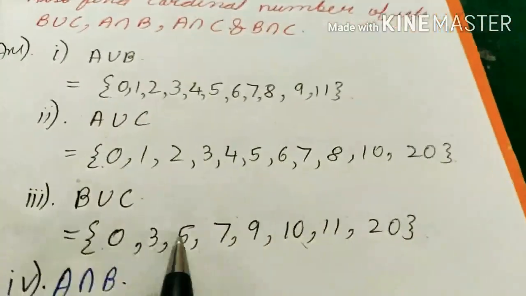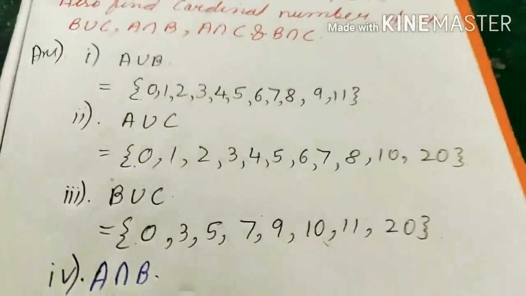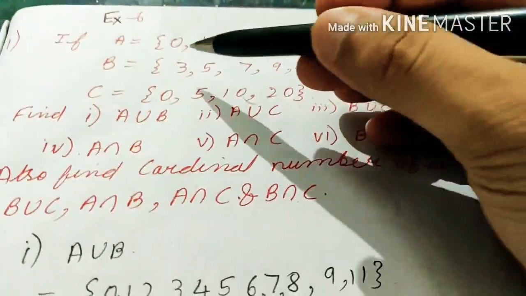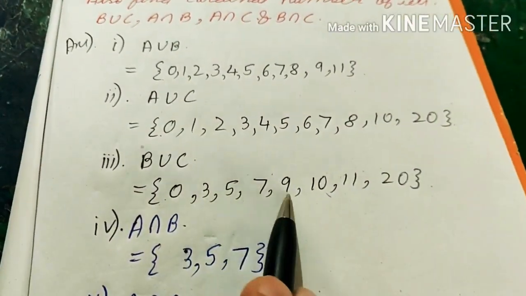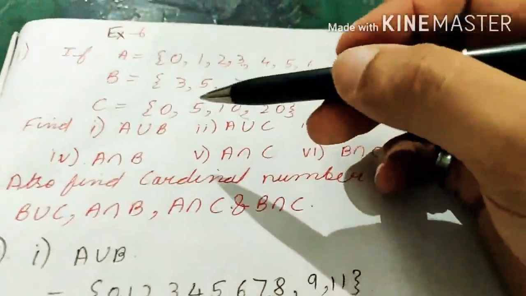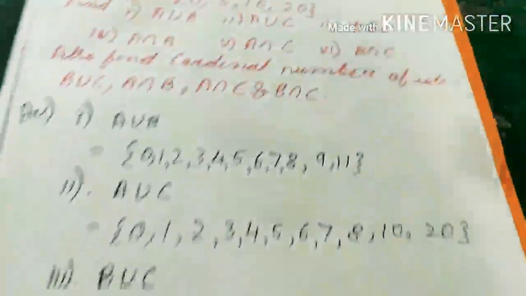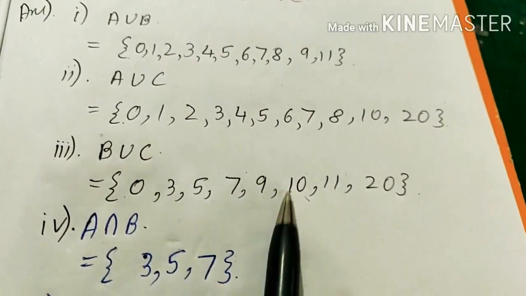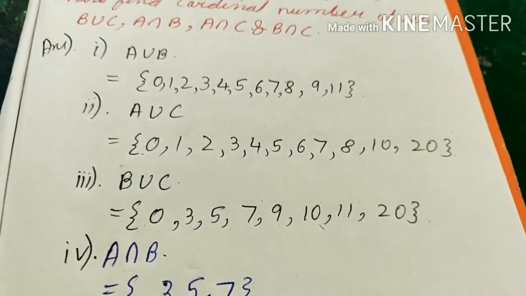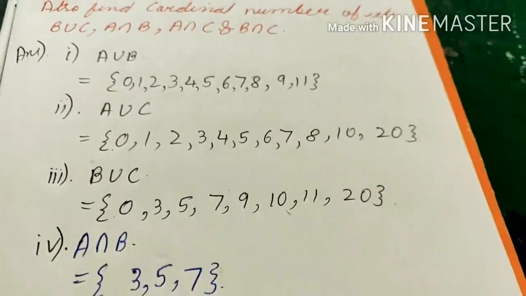This is a set that contains all the values of B and C. If you check set B: 3, 5, 7, 9 and 11. If you check set C: 0, 5, 10 and 20. Okay, all the values of B and C were present in this set.